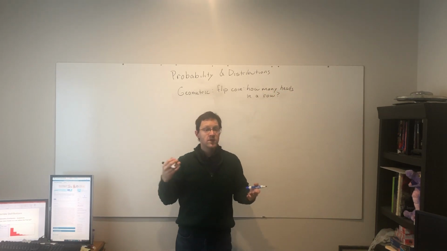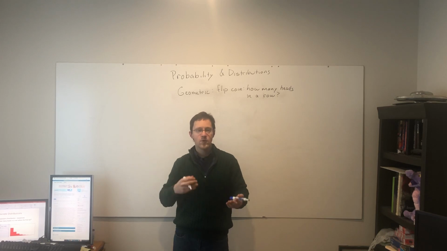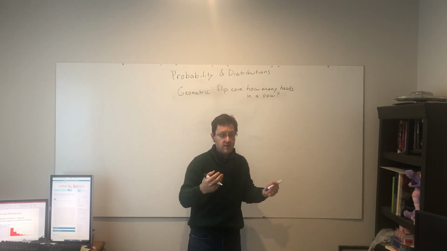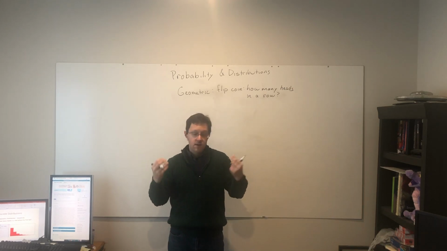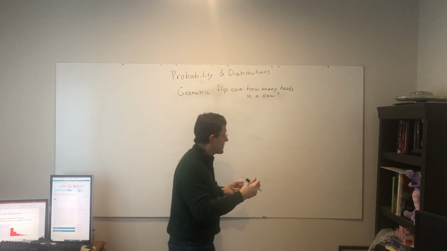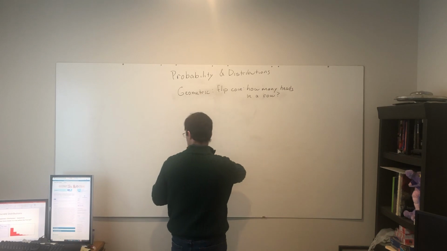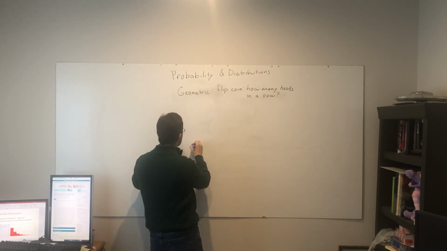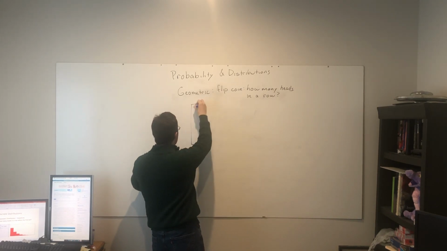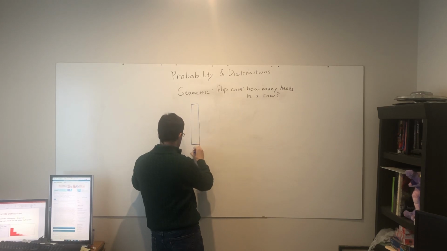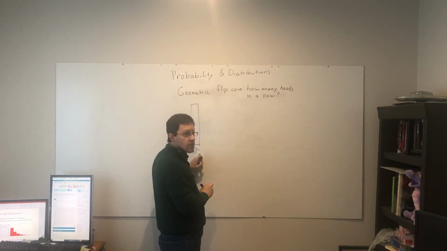If instead you're interested in how many heads you will get in a row, instead of the total number out of 20, so you flip a coin, the geometric distribution will tell you how many heads you'll have in a row. The most likely is 0.